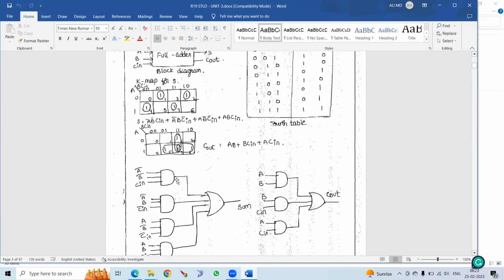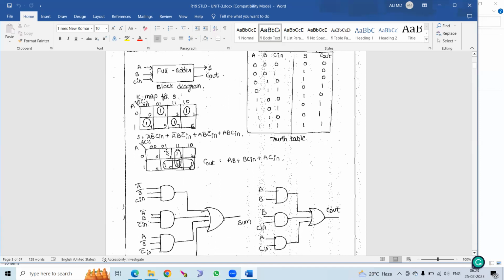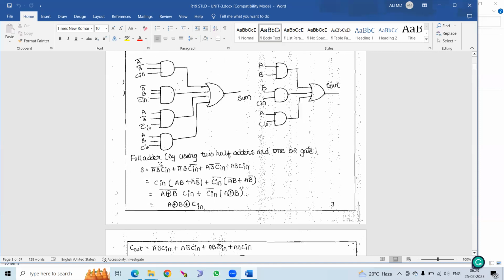Here the logic diagram for sum and carry can be represented using AND gates and OR gates.